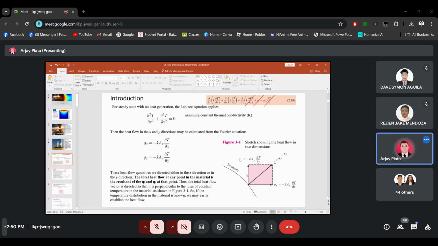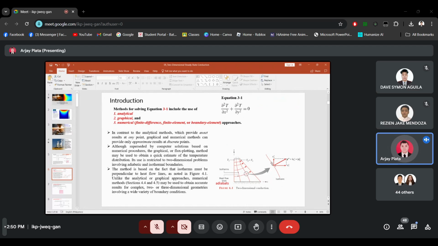So the heat flow quantities are directed either in the x direction or in the y direction. The total heat flow at any point in the material is the resultant of the Qx and Qy at that point. Thus, the total heat flow vector is directed so that it is perpendicular to the lines of constant temperature, the isotherms.